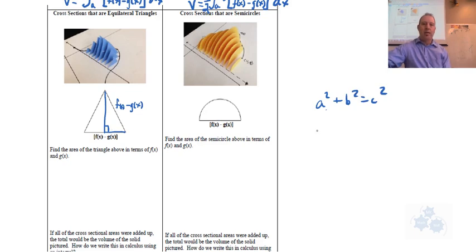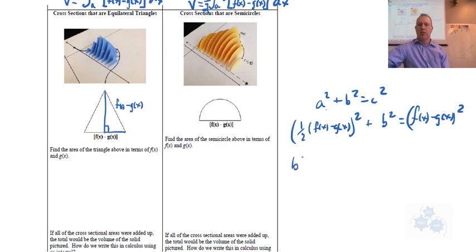Your a would be 1/2 of f of x minus g of x, and that's all squared, plus the b is the height, so we don't know. And then this is f of x minus g of x, all squared, right?